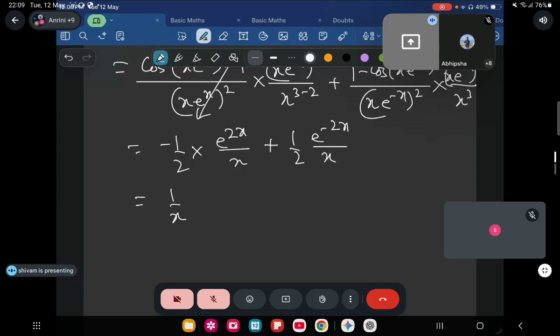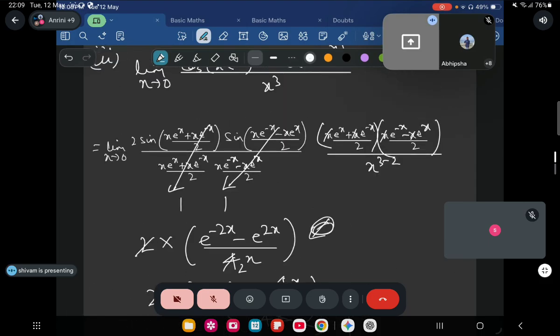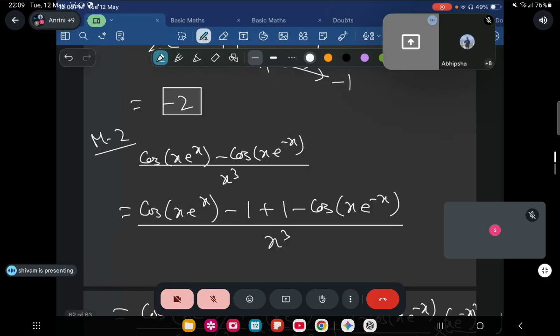When you take 1 by 2x common, within brackets, you are going to get e to the power minus 2x minus e to the power 2x upon x. Tell me, we have got the same thing, right, everyone? We are coming back to this step only. Tell me, are people getting?